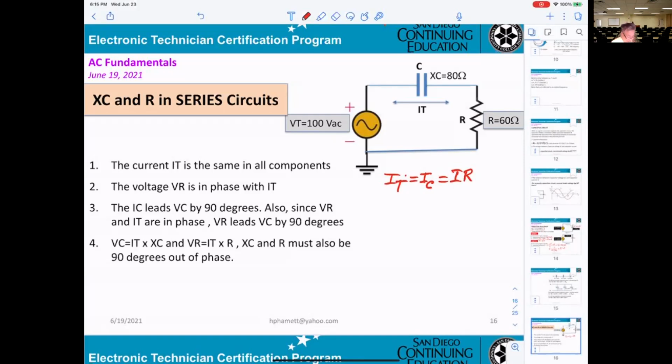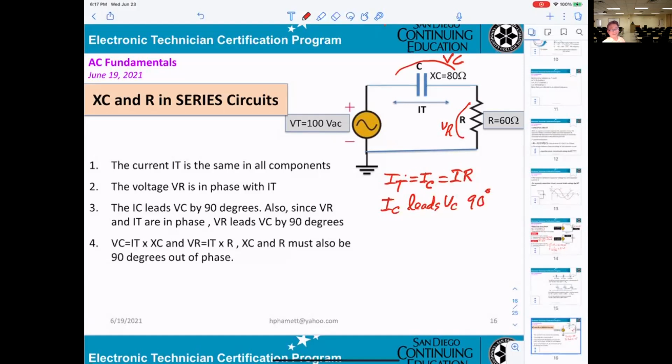Now, the voltage across the capacitor here, we say that will be VC. And the voltage across the resistor here, you say VR. So as I already know, IC will lead VC by 90 degrees. Is it right?